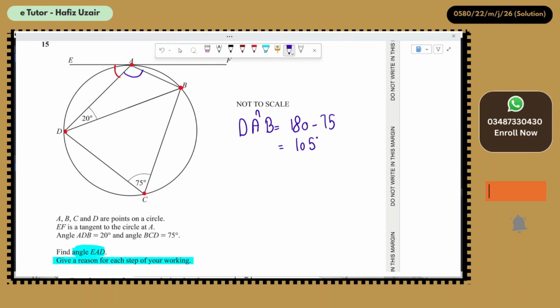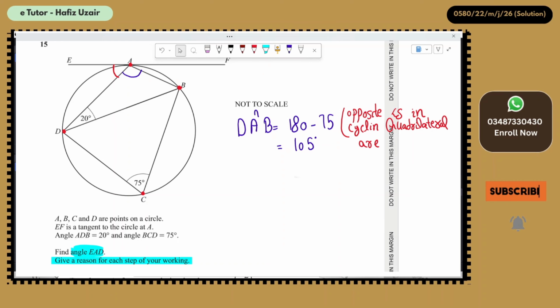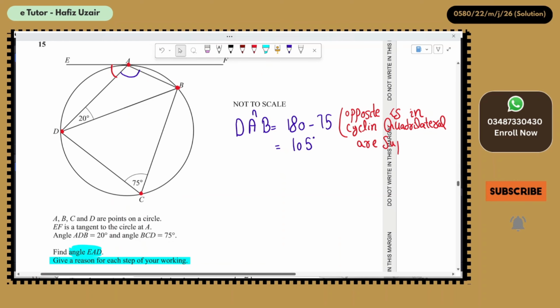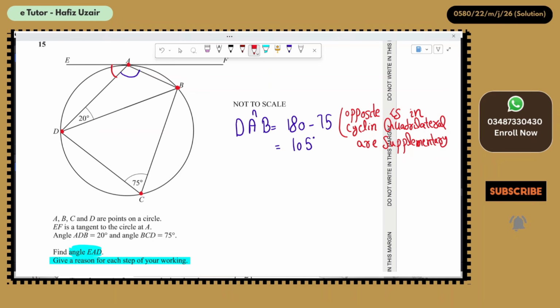The reason is opposite angles in cyclic quadrilateral are supplementary. So this is 105 degrees.